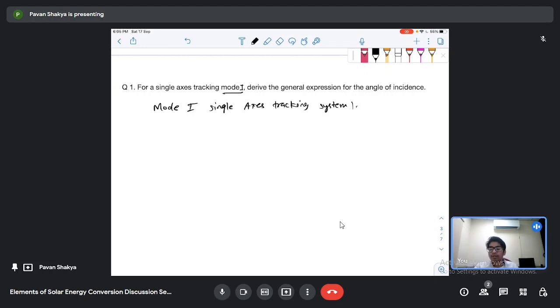In mode 1, the axis of rotation remains horizontal, and it is oriented towards the east and west.